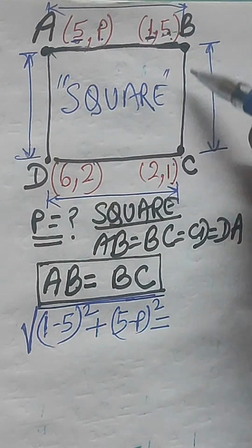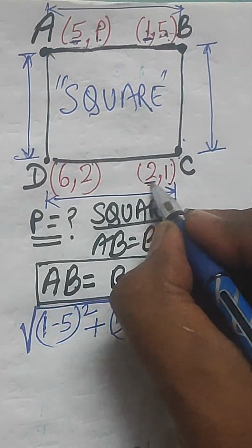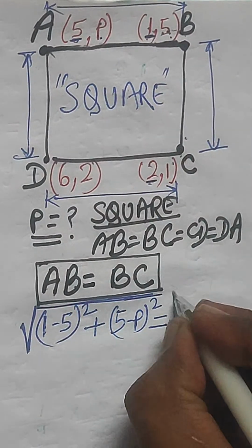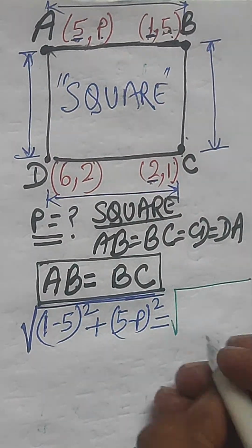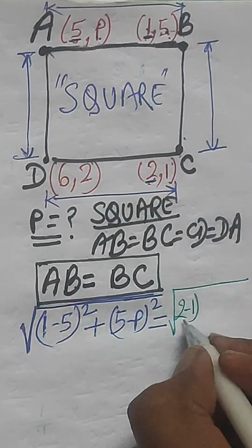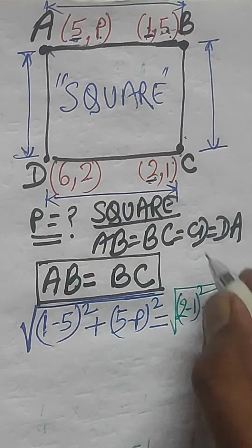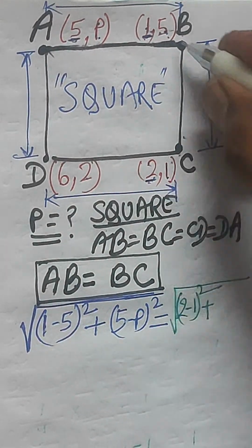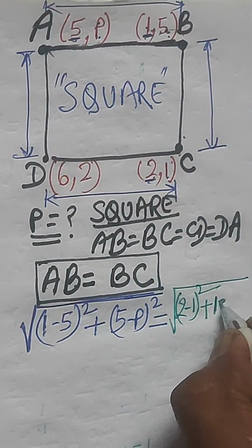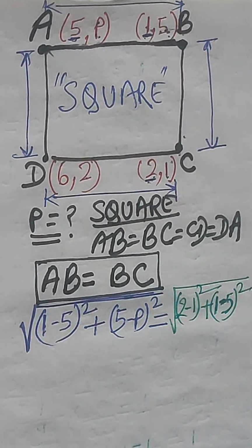What is the length of BC? Abscissa of C minus abscissa of B. That means in the RHS we have root over of (2 minus 1) whole square, plus ordinate of C minus ordinate of B, that is (1 minus 5) whole square, right.